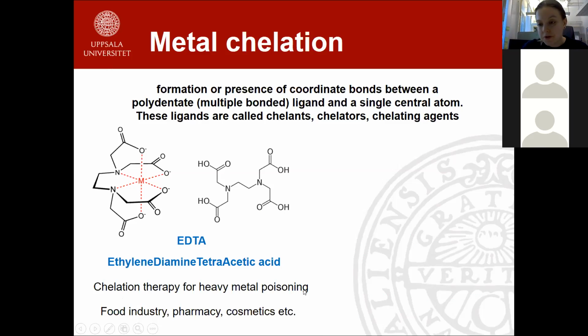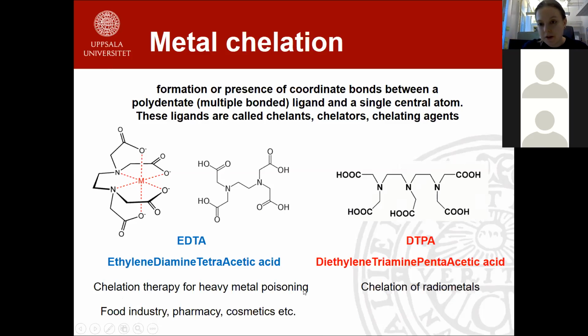And what we use in the lab, what we use for radiolabeling is an analog of EDTA, called DTPA. So it's a similar structure. We have these 2 ethylene bridges, so it's a diethylene. Then we have three amino groups, 3 amine, pentaacetic acid, because we have 5 acetates.